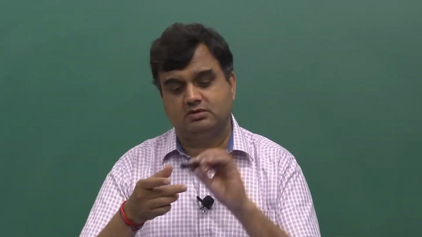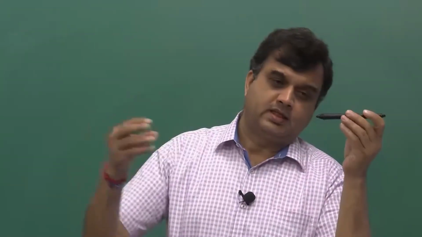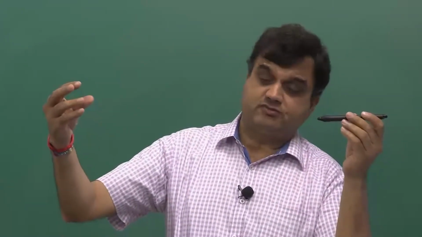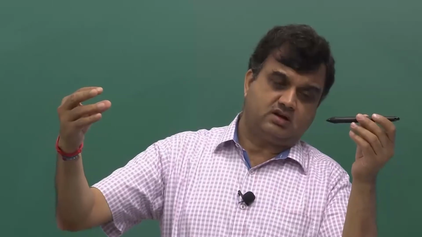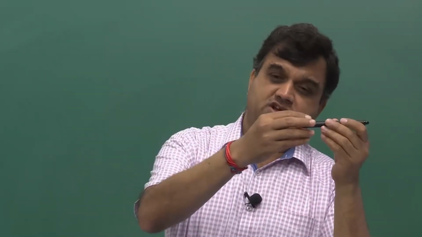So, what does directionality mean? It means how sensitive a microphone is to a particular direction. Suppose this is a microphone and this is the tip which is sensing the sound, and there are certain types of microphones which are very sensitive to noise coming from the front side.